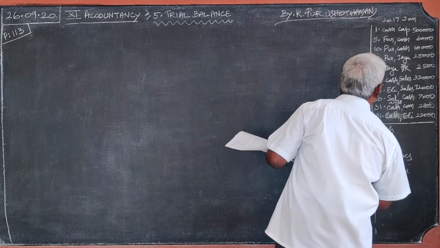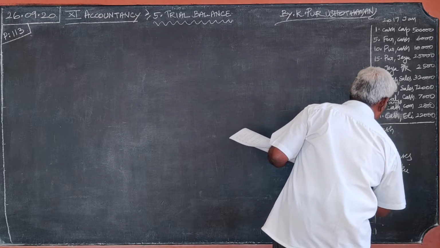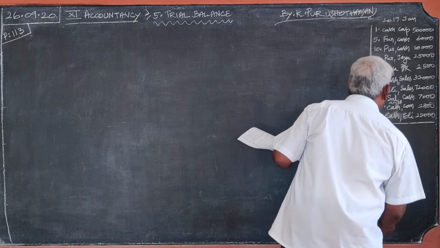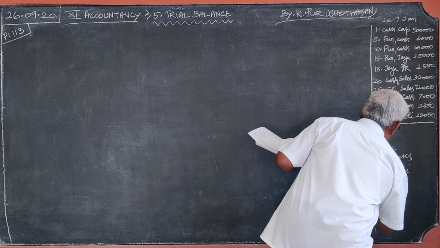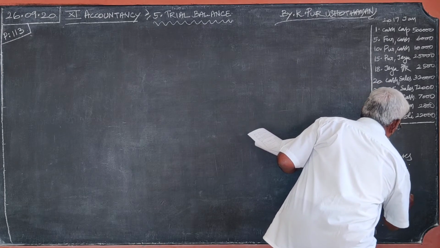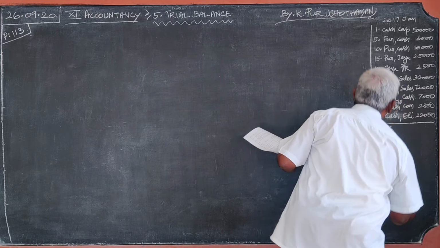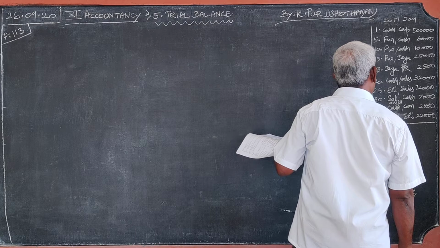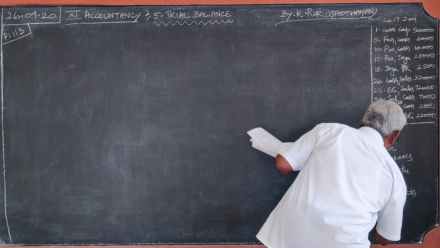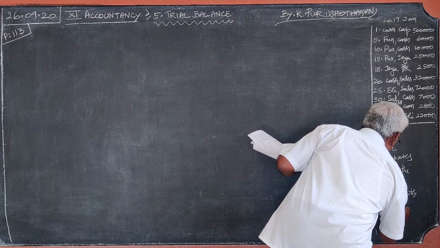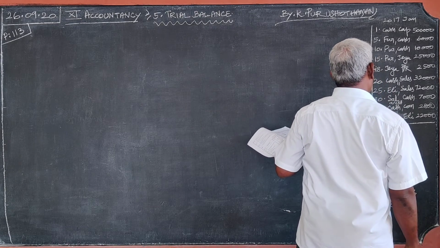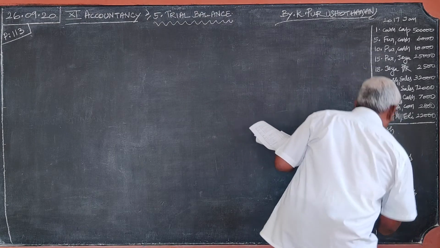And sixth one, sales account. Seventh one, Elizabeth account. Next one, salaries account. And the next one, commission account.